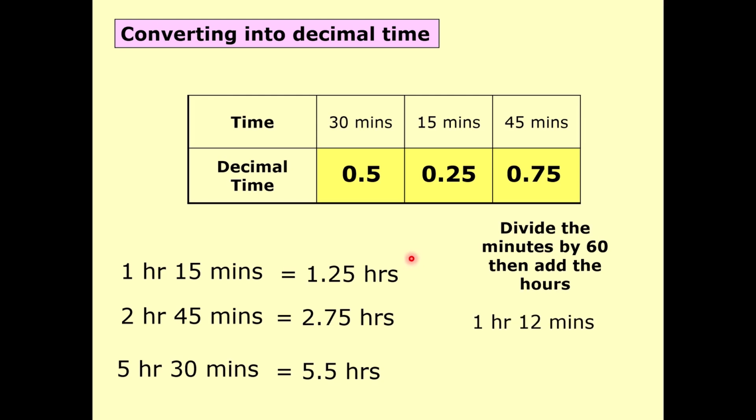So let's say you had a question that was asking you to work out something over 1 hour and 12 minutes. We're going to use this method here of dividing the minutes by 60. So you would take your 12 minutes and you would divide them by 60 and then add on your hours. So 12 divided by 60 is 0.2. Add on your 1 to get 1.2. So that as a decimal would be 1.2 hours.